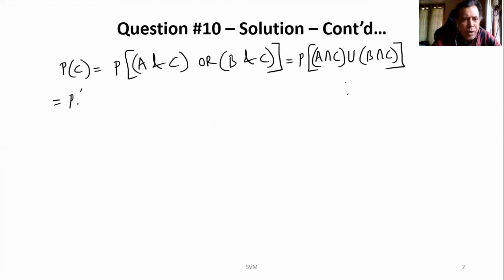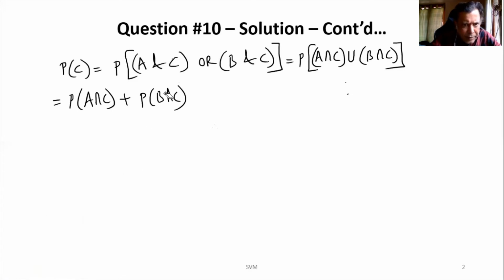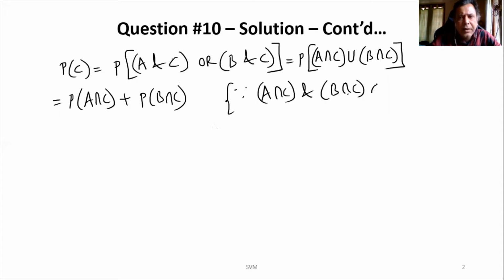So I can write it as probability of A intersection C plus probability of B intersection C, since A and C and B and C are mutually exclusive.